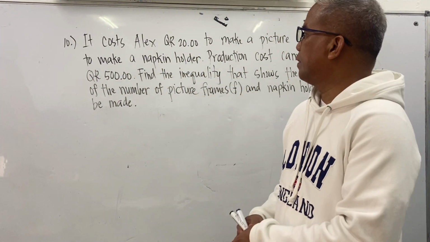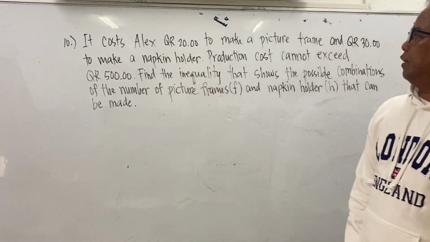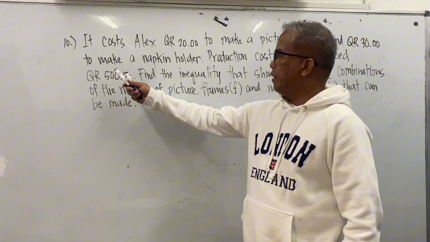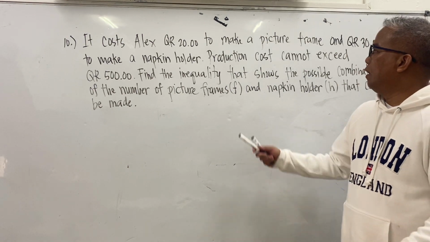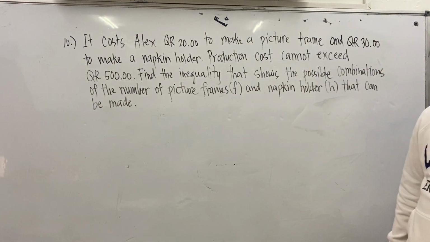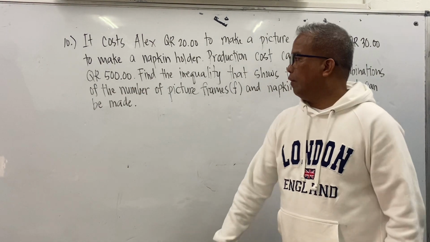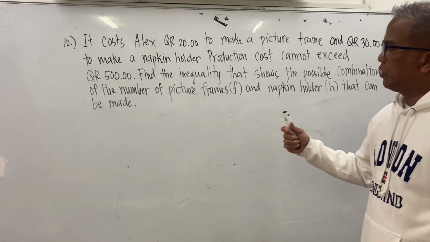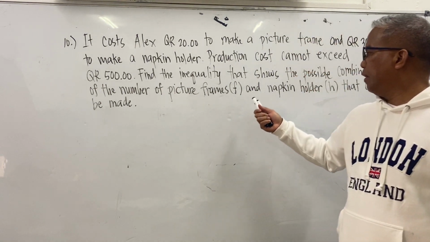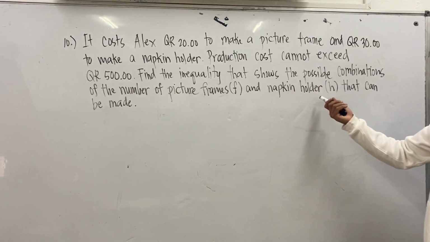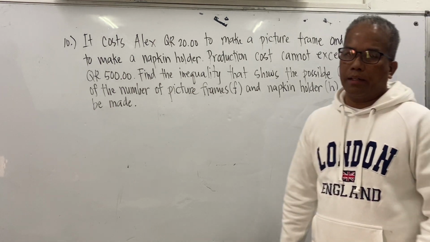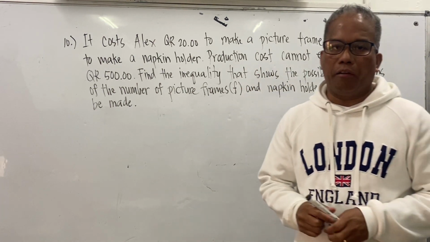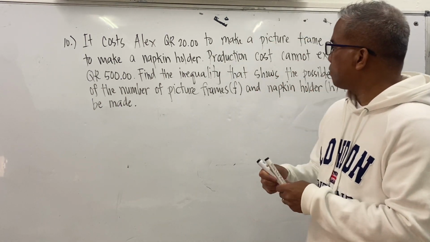Question number 10. It costs Alex 20 QR to make a picture frame and 30 QR to make a napkin holder. Production cost cannot exceed 500 QR. Find the inequality that shows the possible combinations of the number of picture frames F and napkin holders H that can be made. Now, let us identify first the given.